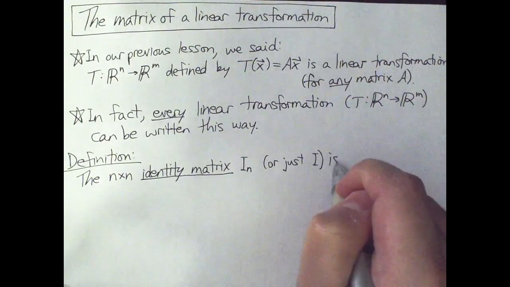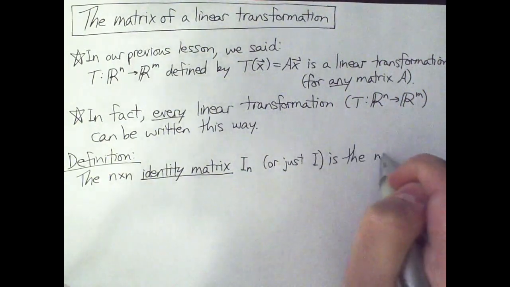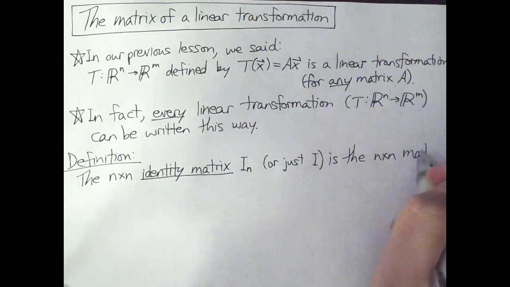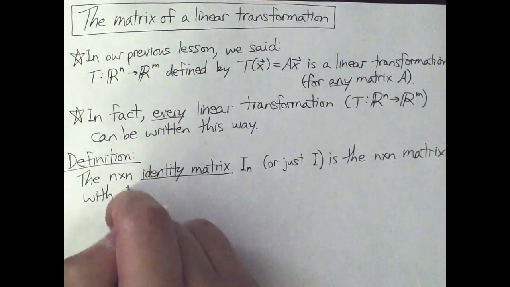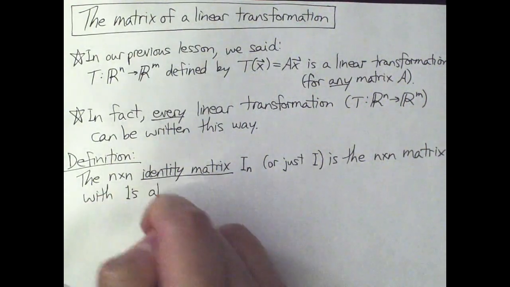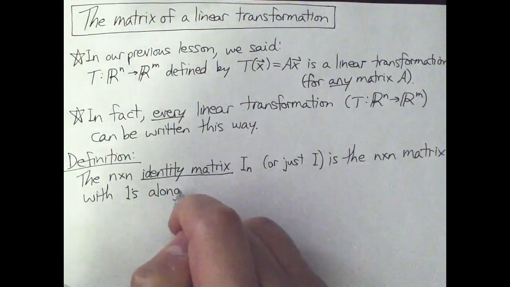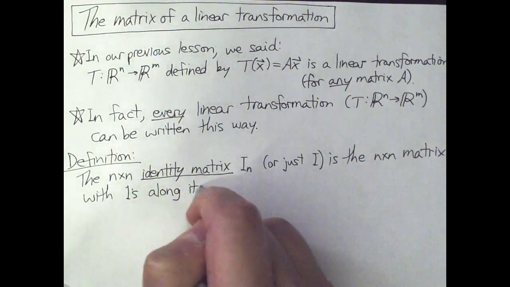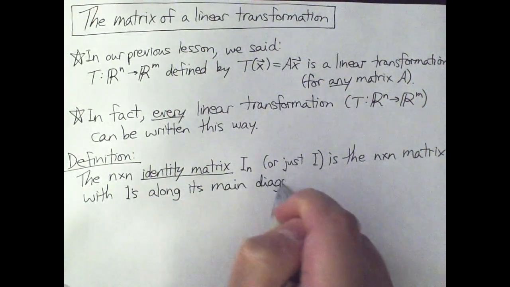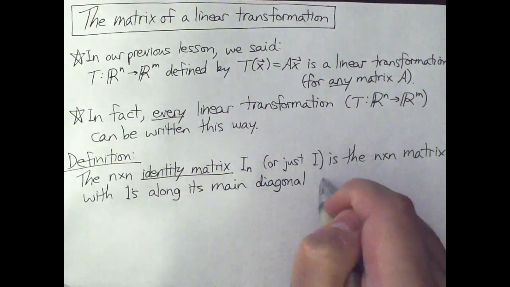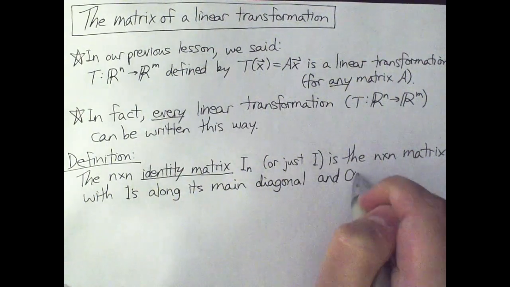It is the n by n matrix with ones along its main diagonal and zeros elsewhere.